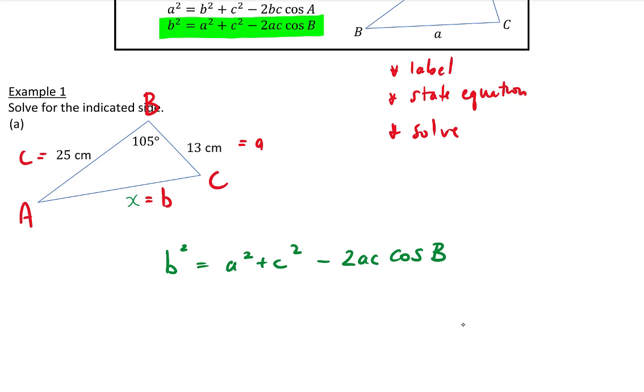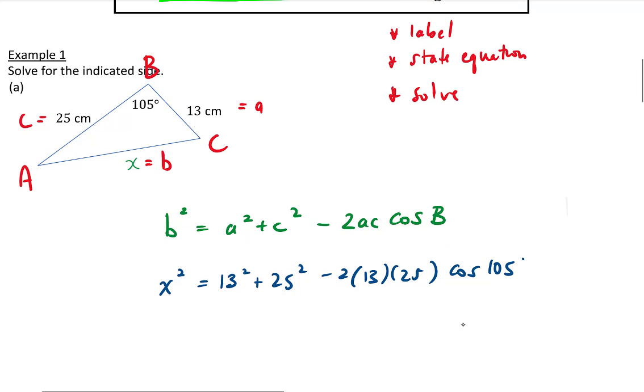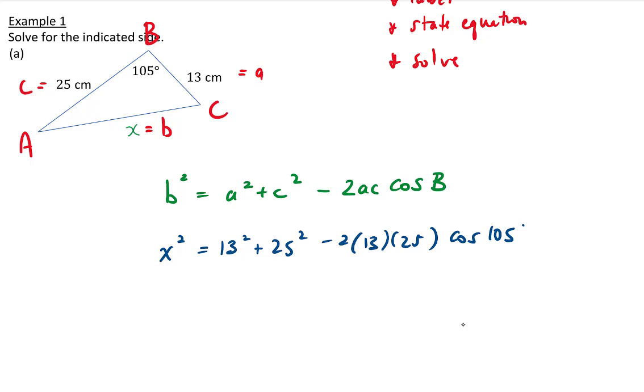Next we sub in our values. So b squared becomes x squared. The a becomes 13, the c becomes 25, minus 2 times 13 times 25, and then cosine of angle B, which is 105.